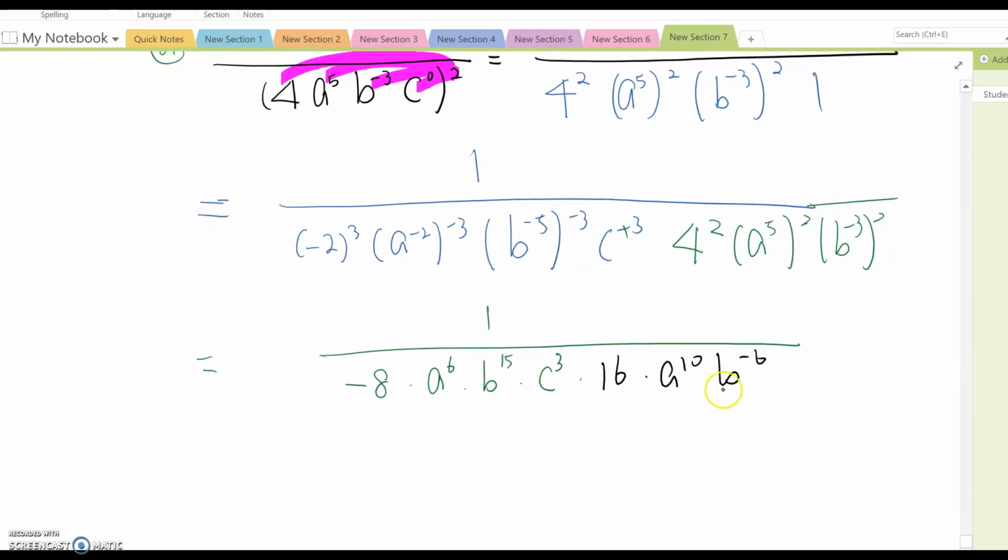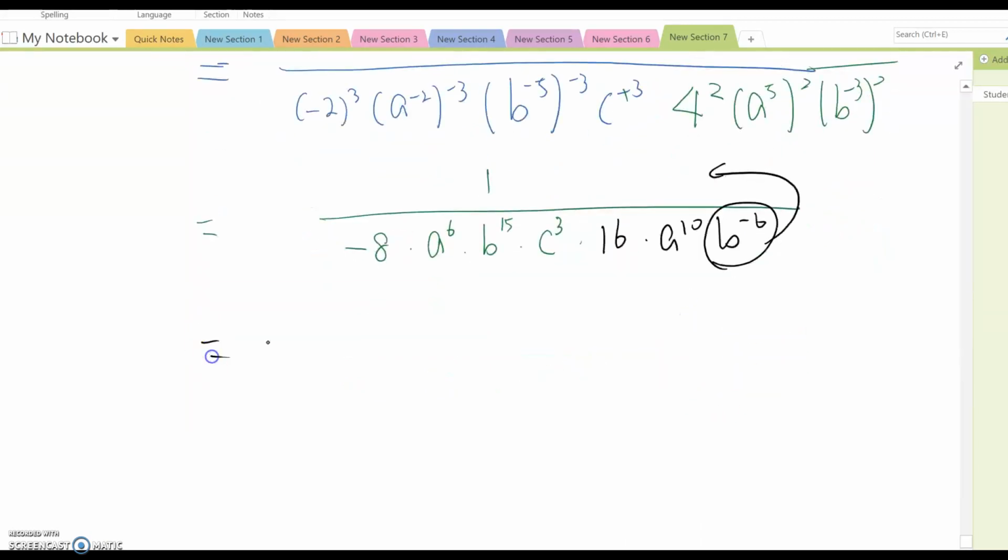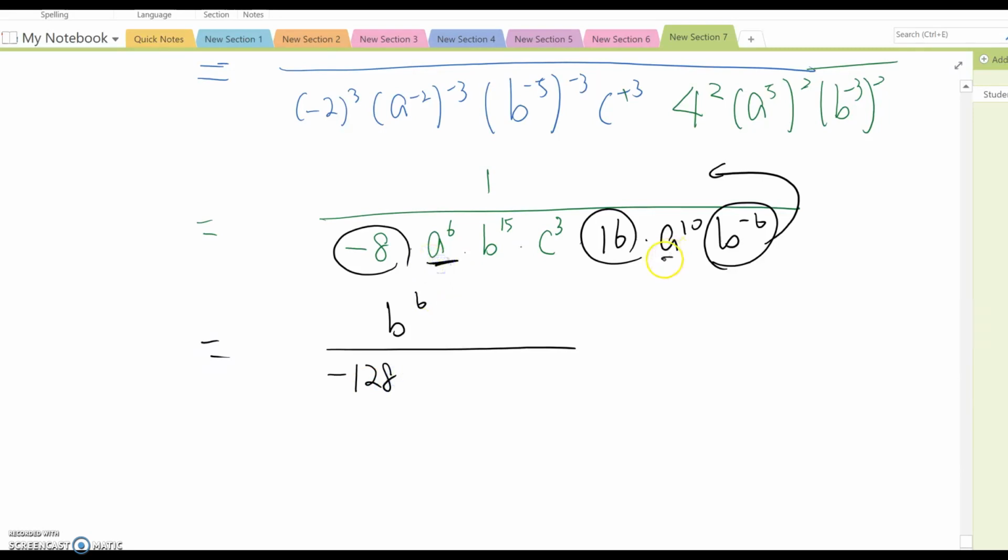So just moving this one to the top here because it has negative power again, so it becomes b^6 over, now negative 8 times 16, so negative 128, and then a^6, a^10, that's going to be a^16, and b^15, and c^3.